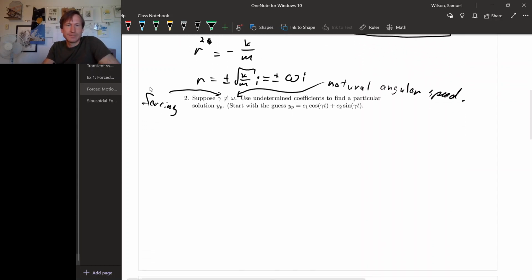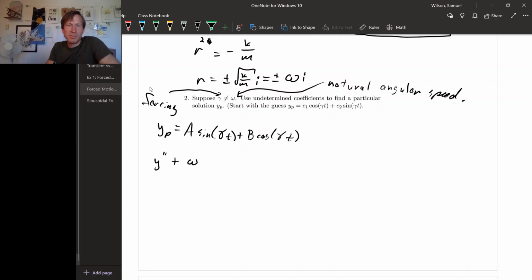Our particular solution is some constant A times sine gamma t plus some other constant B times cosine gamma t. Remember, our differential equation is y double prime plus omega squared y equals f sub 0 over the mass times sine gamma t.